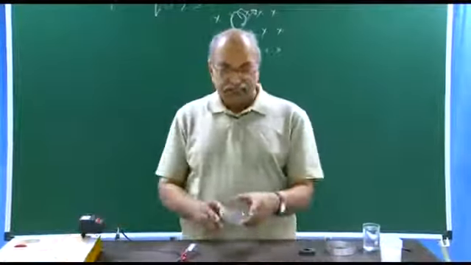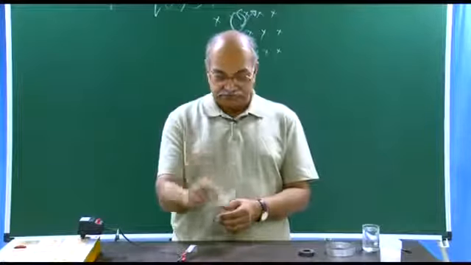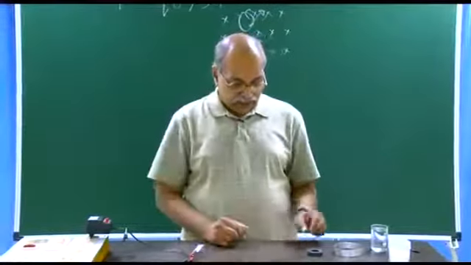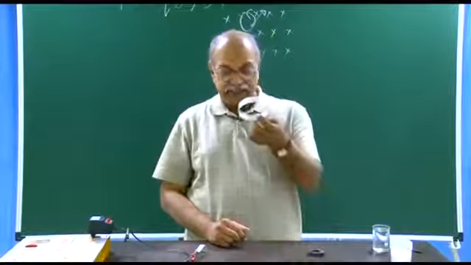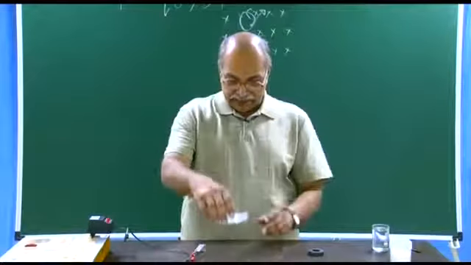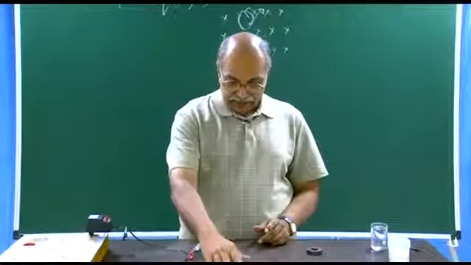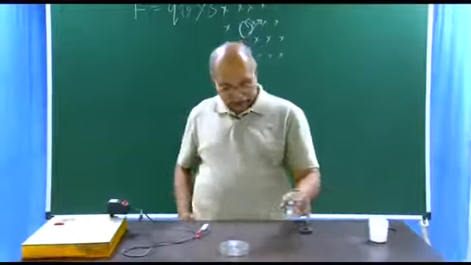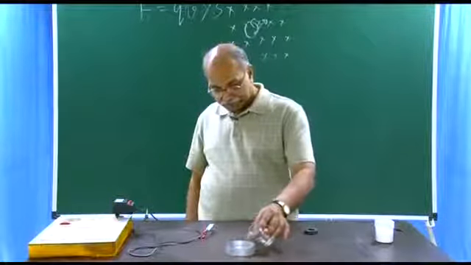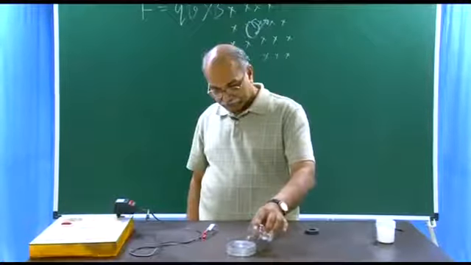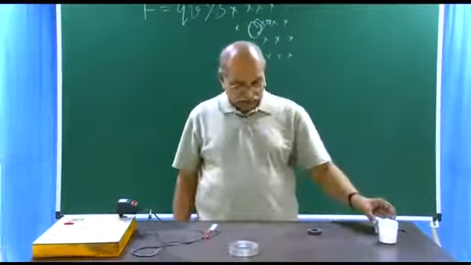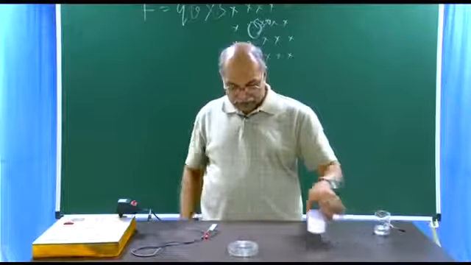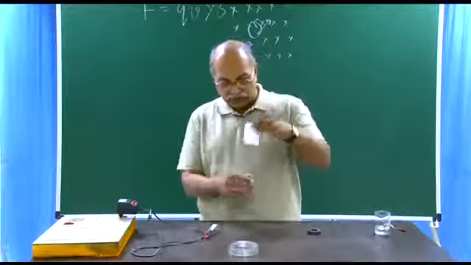So I have a Petri dish here and I have an aluminium ring, and I place this aluminium ring in this Petri dish at the periphery. Then I put some water in it. Then I put some table salt.